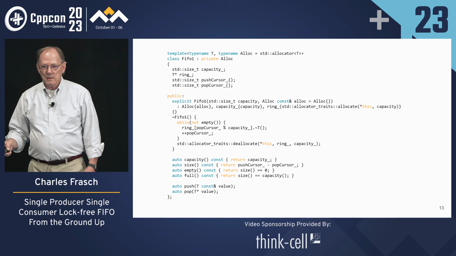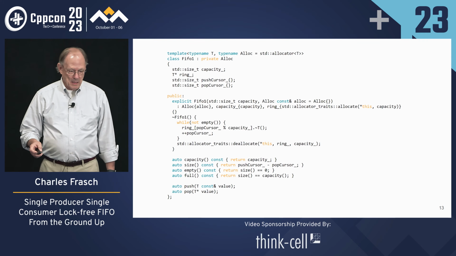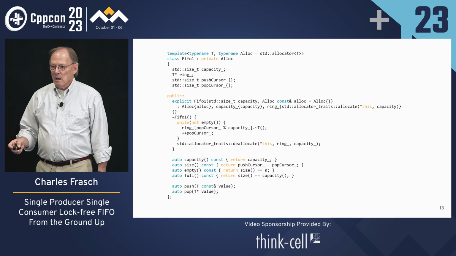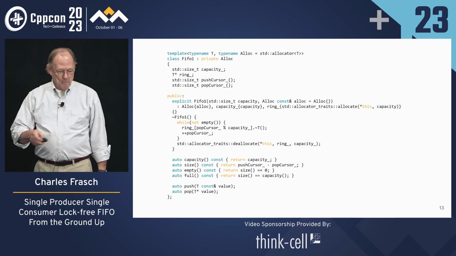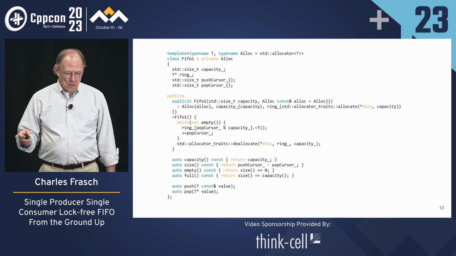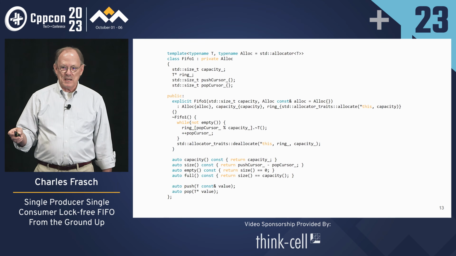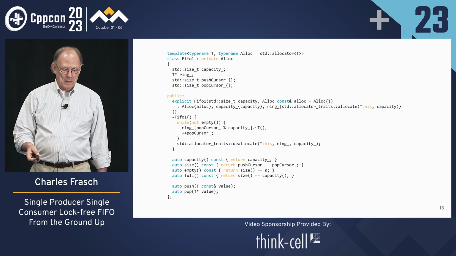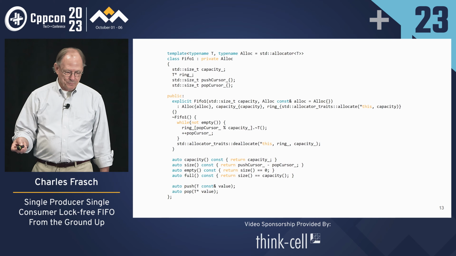So this, and the next slide, implement that functionality. So in FIFO 1, it's a template parameter. It takes a T, which is the value that we're going to store in the FIFO, and an allocator type.